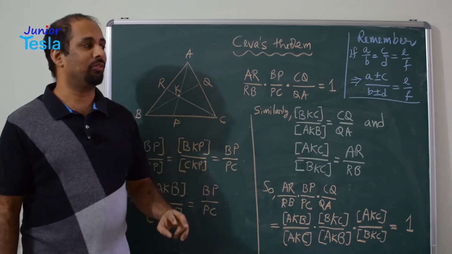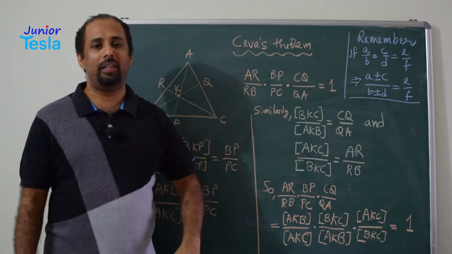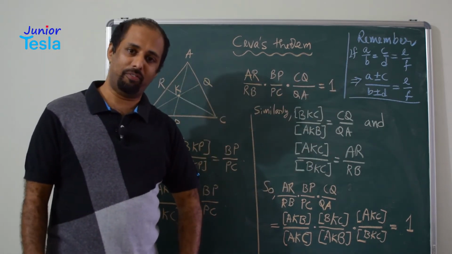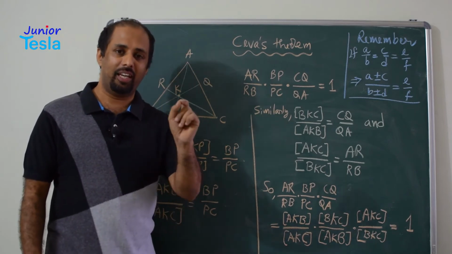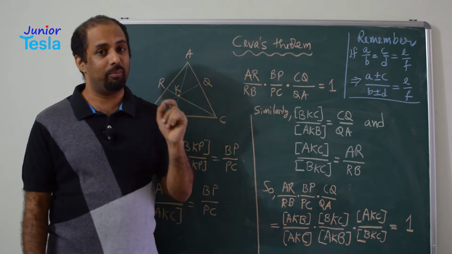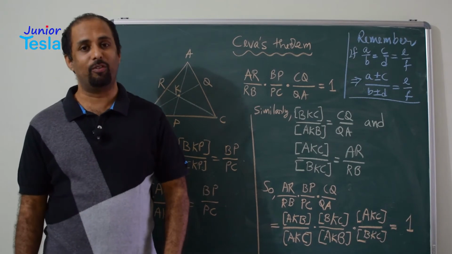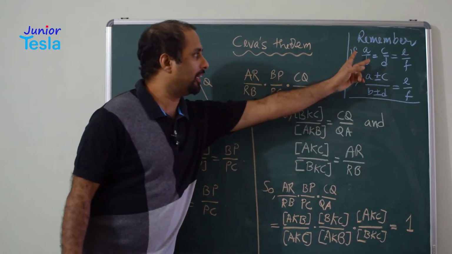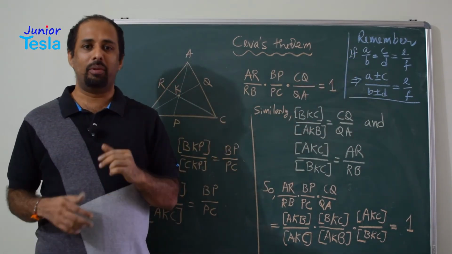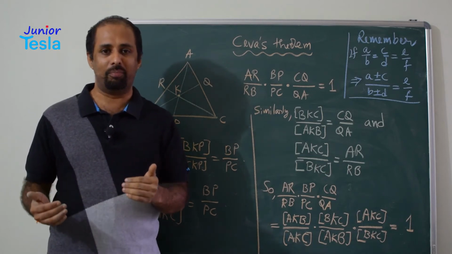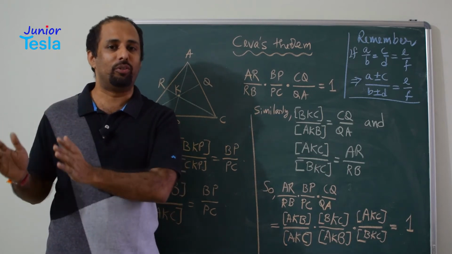So clubbing those two, I say if A by B is equal to C by D equal to E by F, then A plus or minus C divided by B plus or minus D is equal to E by F. So if you have taken the numerators and added them, similarly if you have taken the denominators and added them, the ratio value is not going to change.